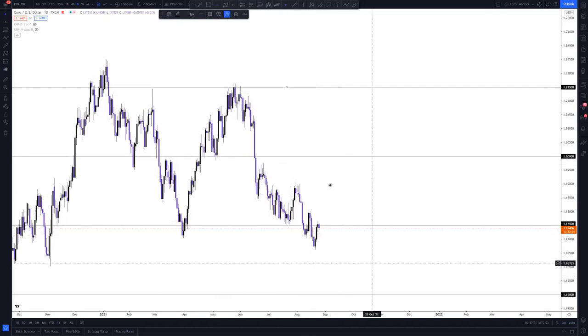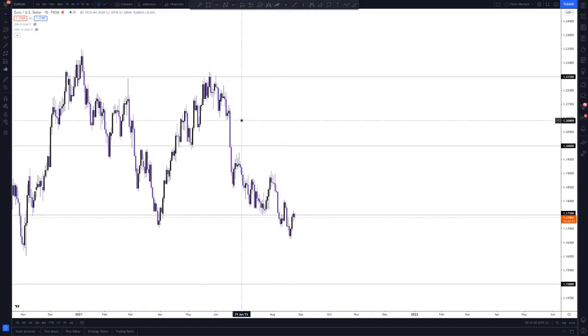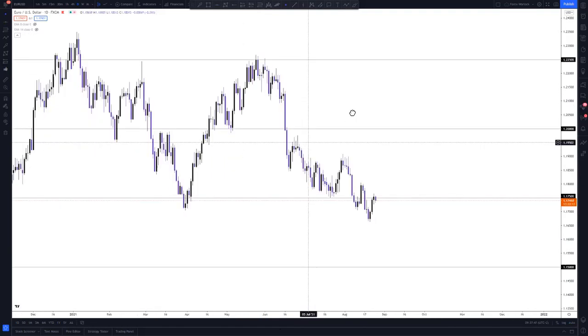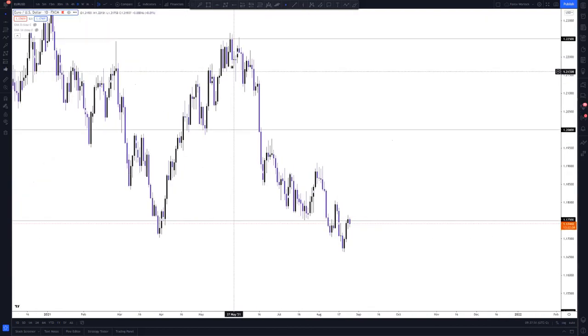Since I'm at the daily time frame, I need to know what trend I am in, right? So far what I see is that I'm actually in a downtrend, because I'm going down so far.